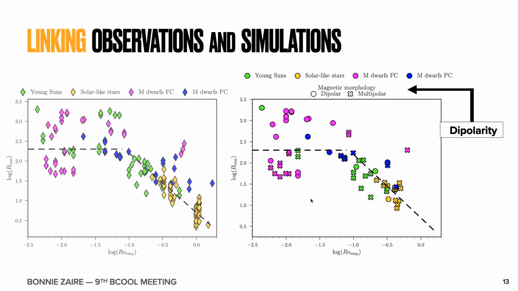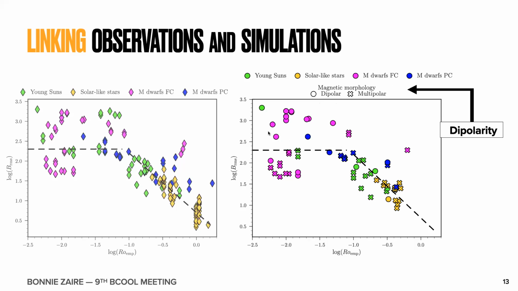So I create here two categories based on this dipolarity quantity. I will consider as dipolar surface fields all the stars that have more than 25% of the magnetic energy stored in this axial, aligned dipole. And I will consider as multipolar all the stars that have less than that in the axial dipole.